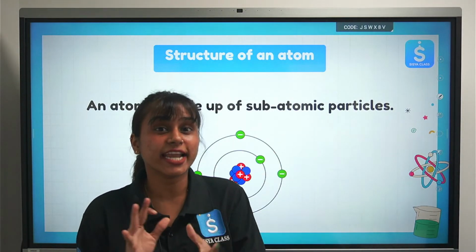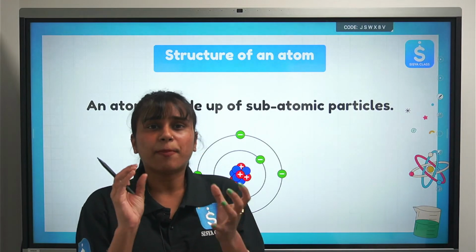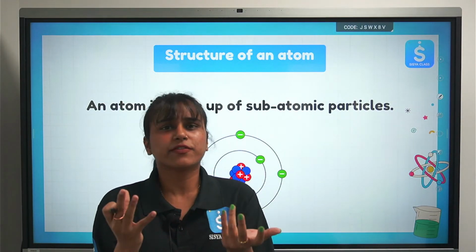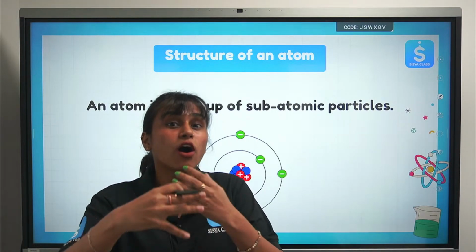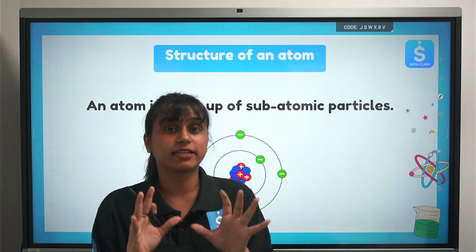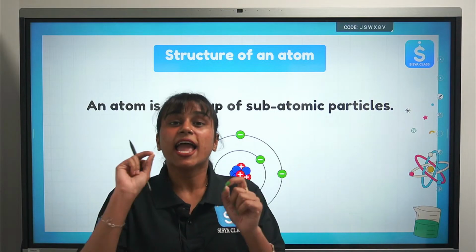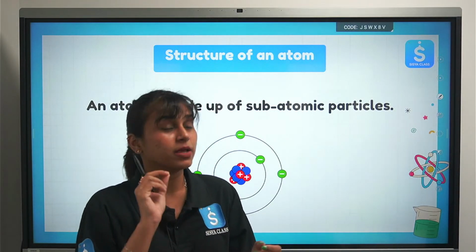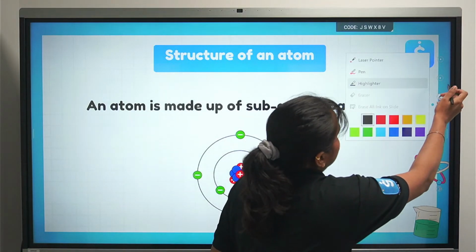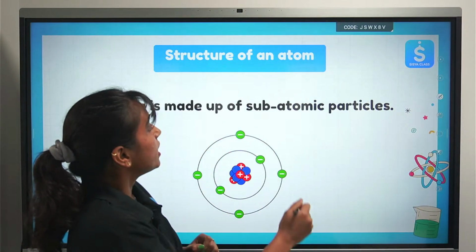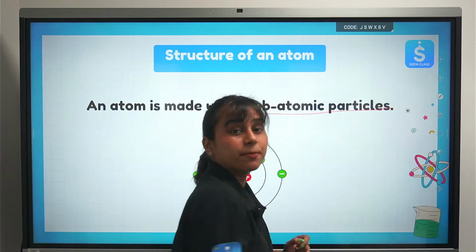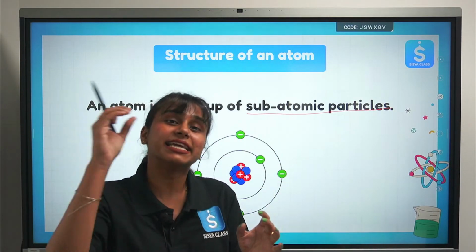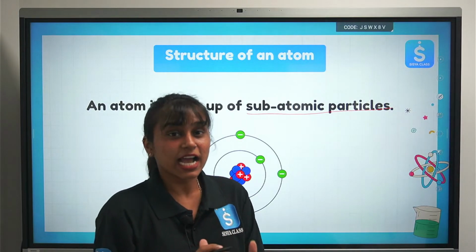What we were taught has now evolved, and we now know that the atom is no longer the smallest particle; there are particles even smaller than the atom present inside it. By the name itself, we can call them subatomic particles. Why subatomic particles? Because these particles are present inside the atom.